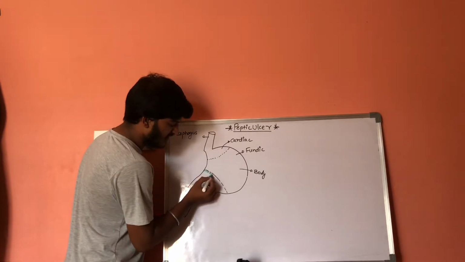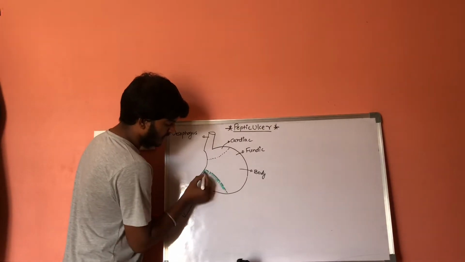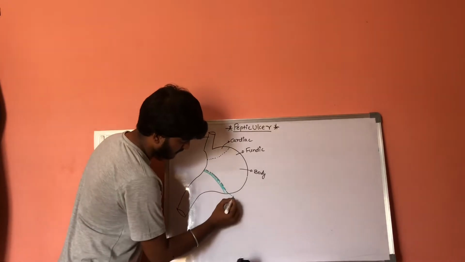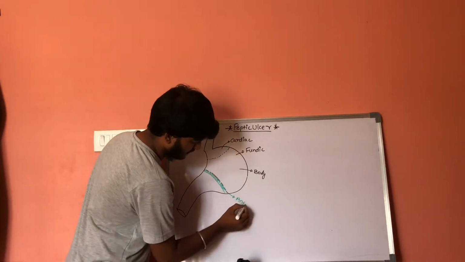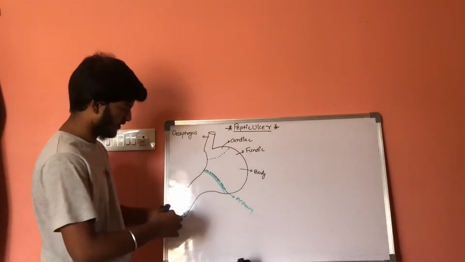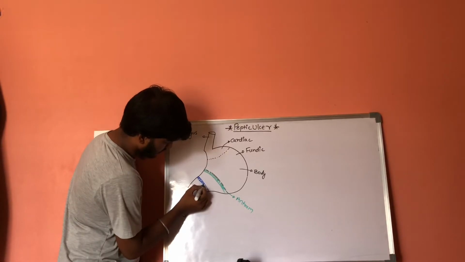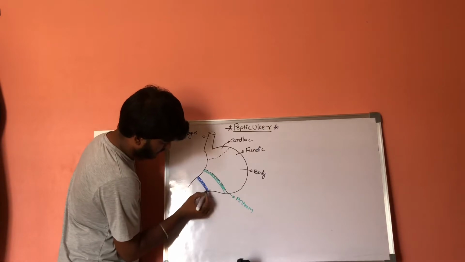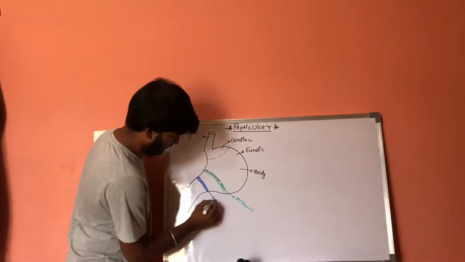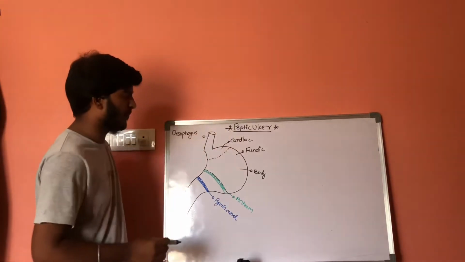The posterior most part, which is wide in range, this wide part of the pyloric stomach is called antrum, whereas the narrow part here, this narrow part of the pyloric stomach, is called pyloric canal.